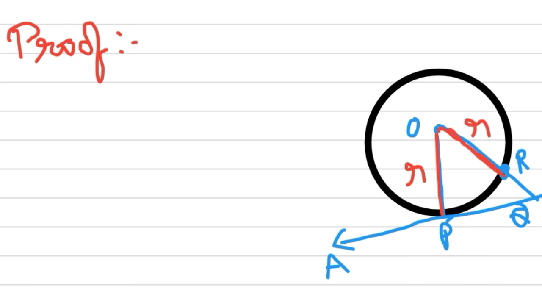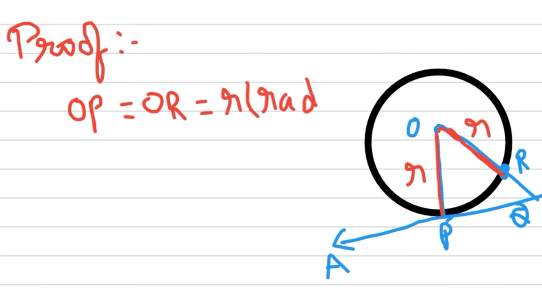So the radius will be the same throughout the circle. So we can say that OP is equal to OR is equal to r, where small r is the radius of the circle. OP is equal to OR is equal to r.